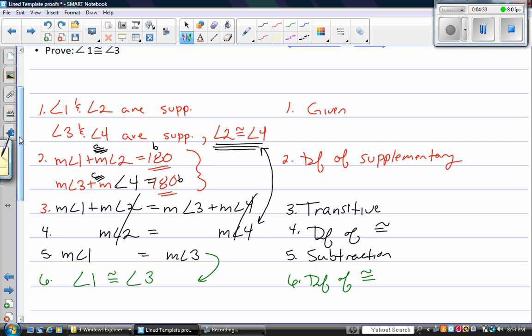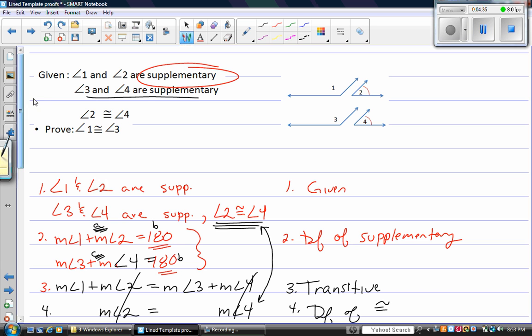So there we've started with two angles that are supplementary and another two angles that are supplementary. But angle 1 and angle 3 are supplements to the same angle, or the congruent angle. Therefore, angle 1 and angle 3 are congruent to one another. Think of it this way.